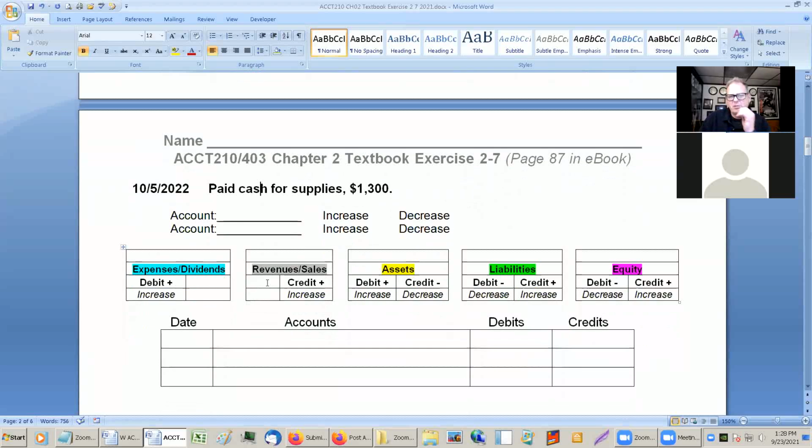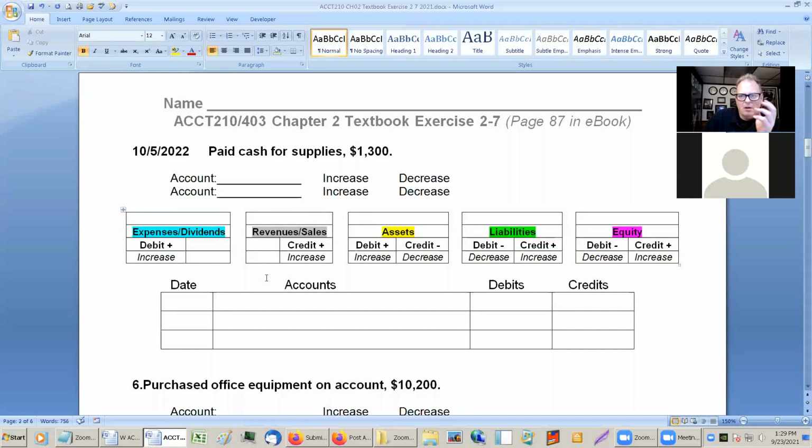Now, supplies are a little bit tricky in that initially when we buy them, like we did here, it's going to be an asset. We're going to find out in chapter 3 that as we use those supplies, then we expense them. But when you first buy them, they're an asset. So if you go out and purchase a bunch of paper, until that paper is used up, you don't expense it.